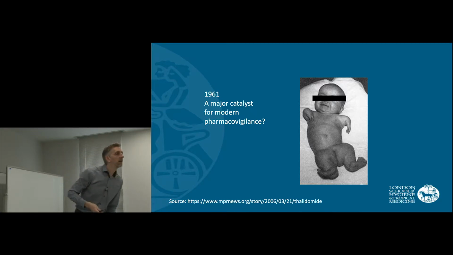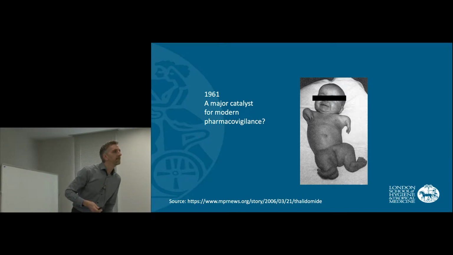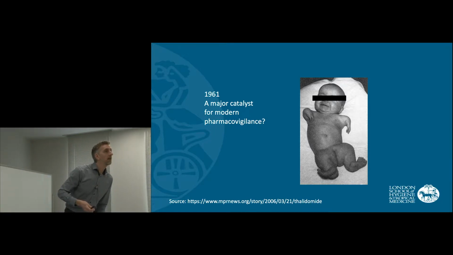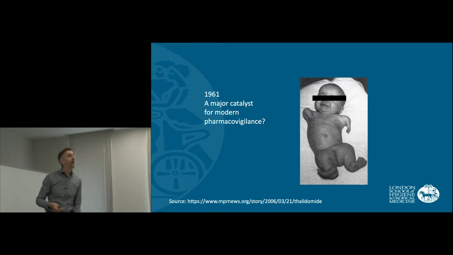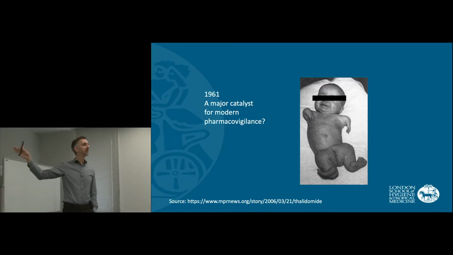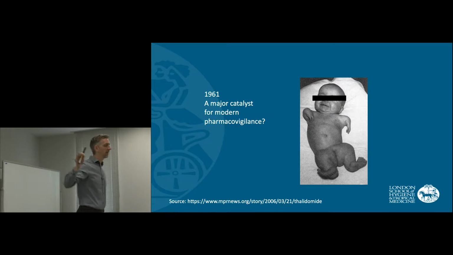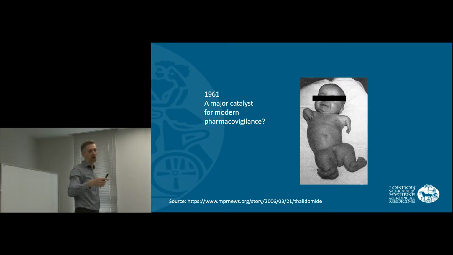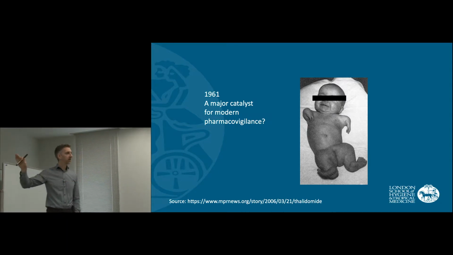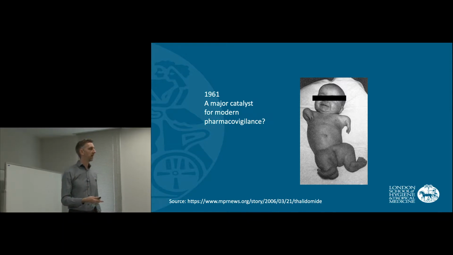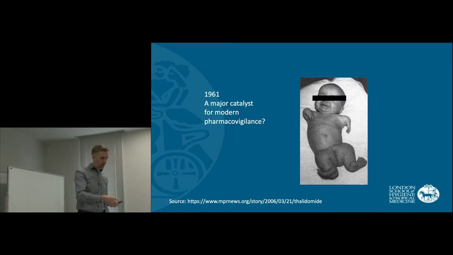A newborn baby who is harmed because his mother took the drugs. Yes, that's right. So this is the thalidomide disaster from the early 1960s. At this stage, there was no formal process for monitoring the safety of medicines.